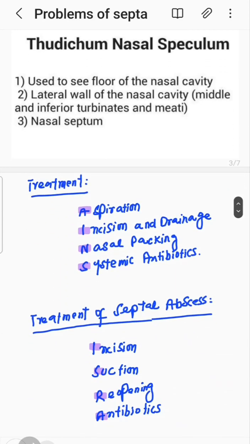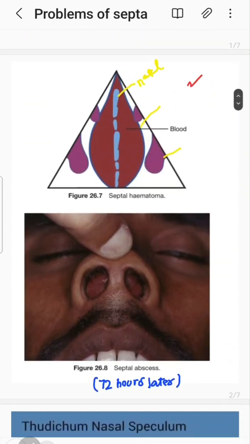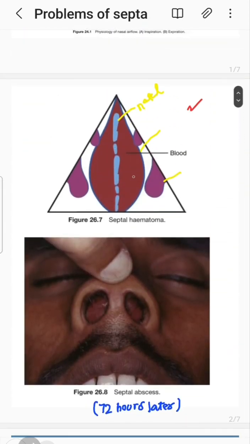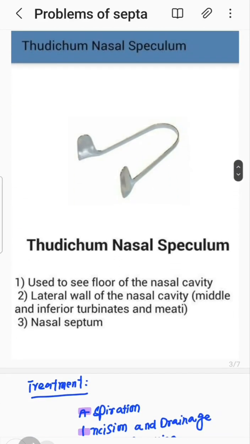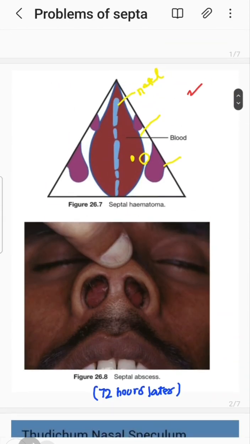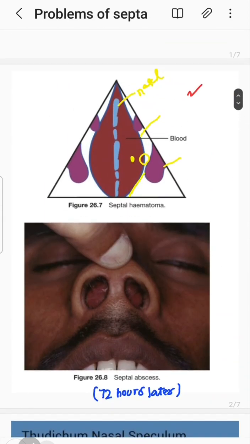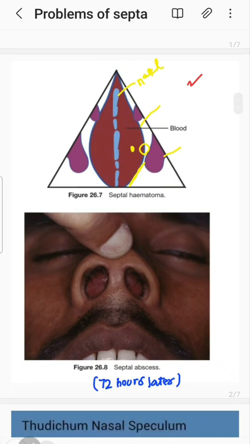What I mean is that we can collect this blood and we can incise and drain this blood, and we can also collect a piece of this mucosa from the edge of the incision so that we can drain it better. Okay, generally the incision is given just in the very lower part, which is the nasal floor, but we can also give a little nick to the mucosa so that there is better drainage.